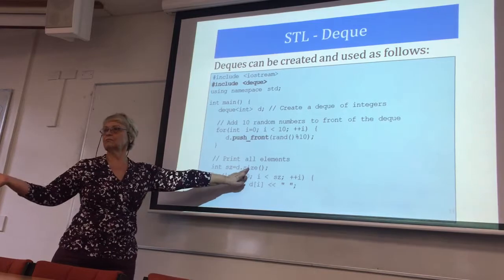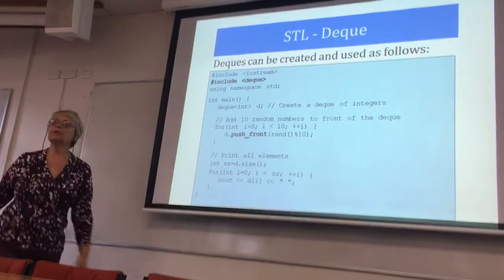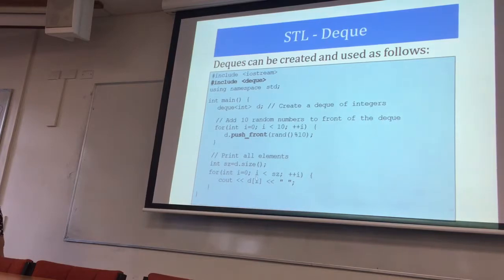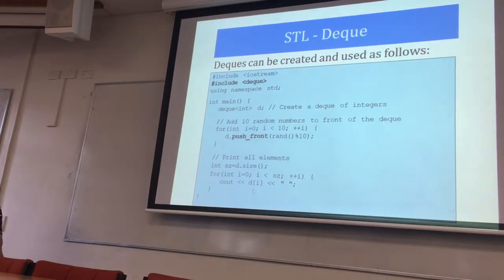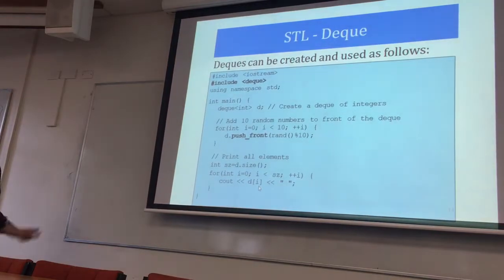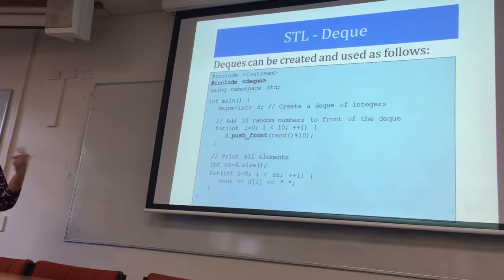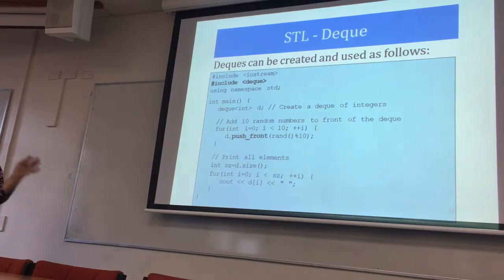So size is provided by most containers, and then with an index operator, so double-ended queue provides the index operator, push back, push front, provides the at operator, like the vector. You can access individual elements.